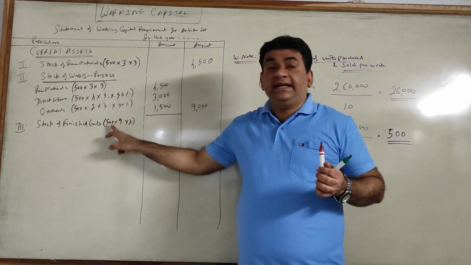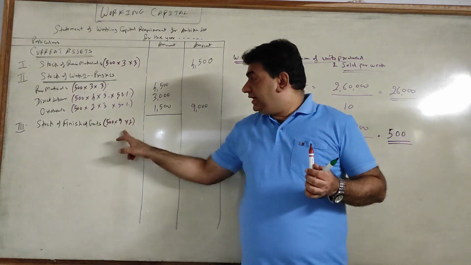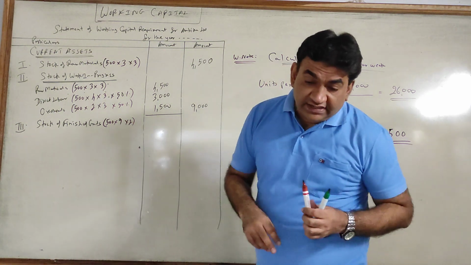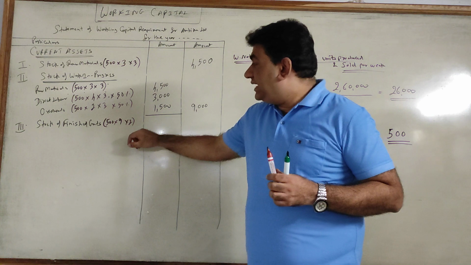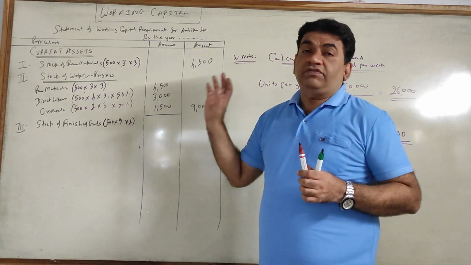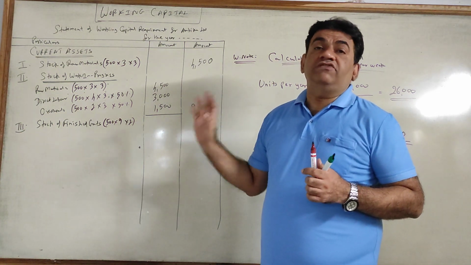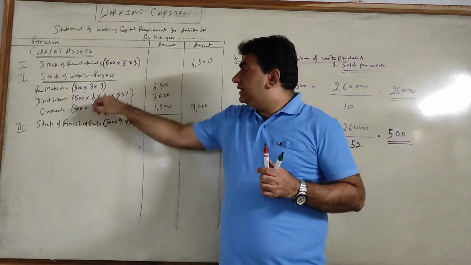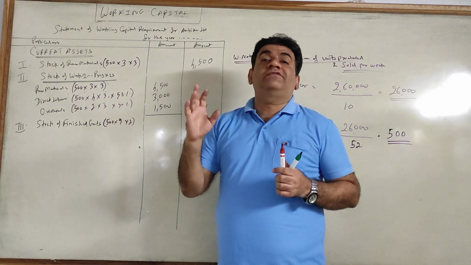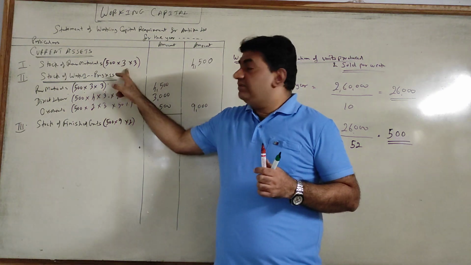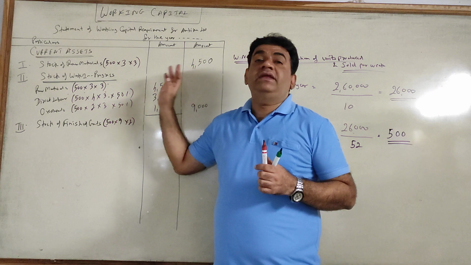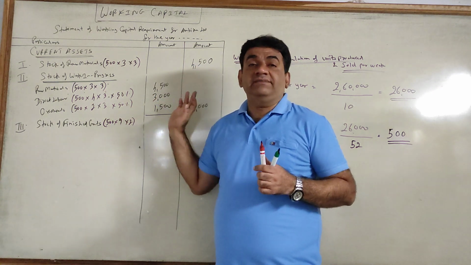So 500 units into 9, the total cost, into the number of weeks, 2 weeks. That means at any given point of time, your finished goods equal to 2 weeks will be locked up. At any given point of time, WIP stock will be locked up for 3 weeks. At any given point of time, stock of raw material will be locked up for 3 months.